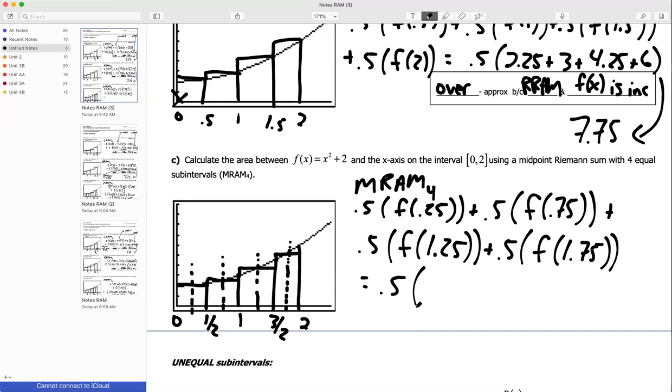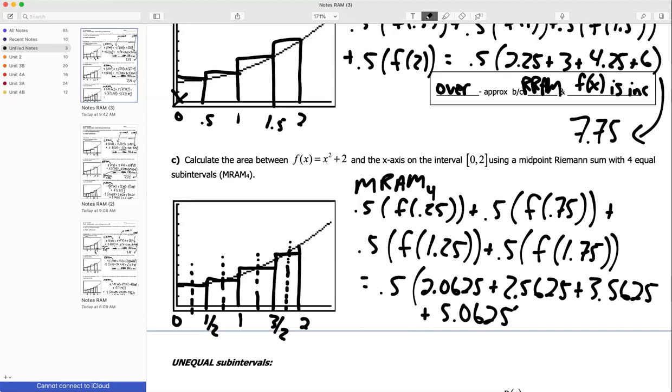I factor out the 0.5, and then I had 2.0625 and 2.5625 and 3.5625 and 5.0625. And go ahead and calculate that value for me for your approximation.